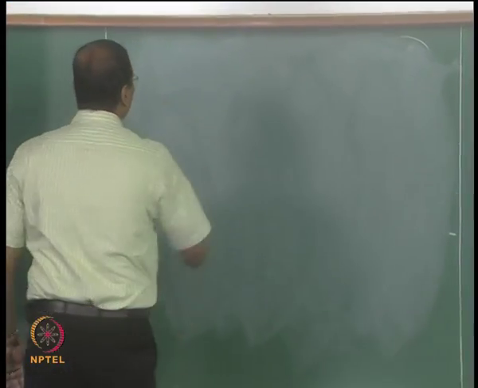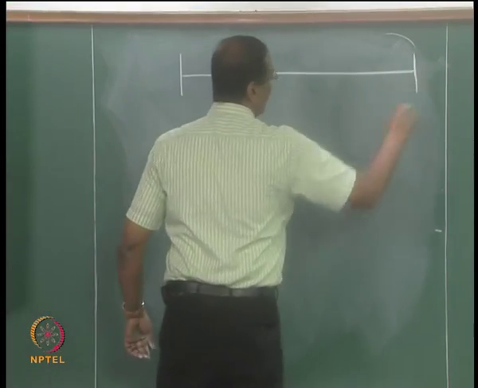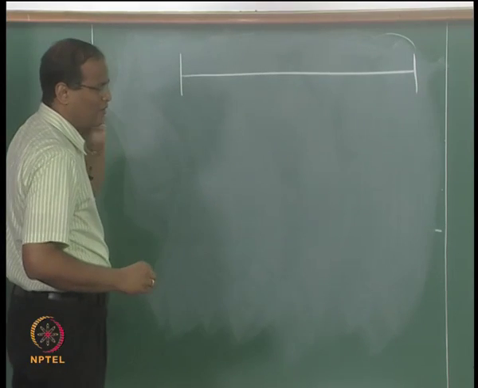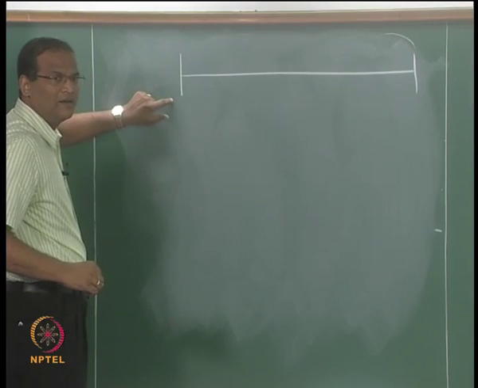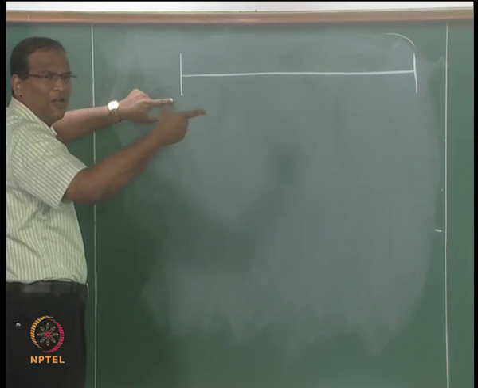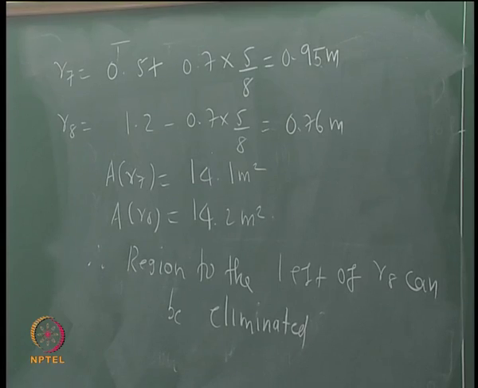Okay. So now what is this? Left side 0.76. 0.76, what is the value? R6, R7, what is it? R8.